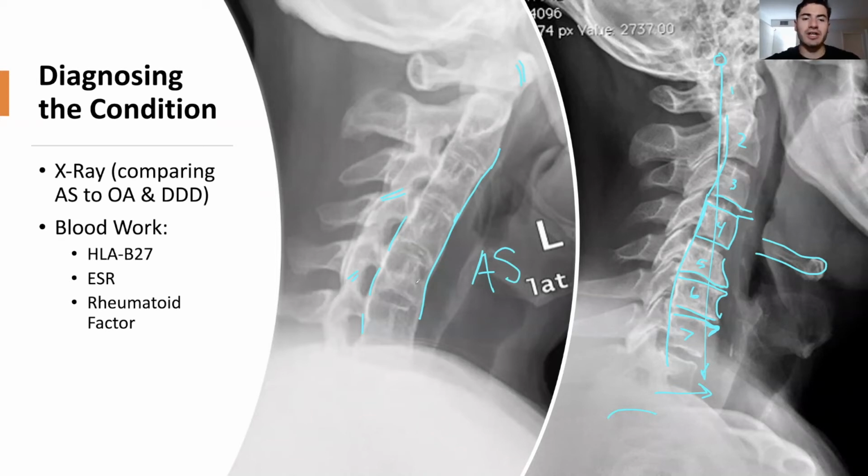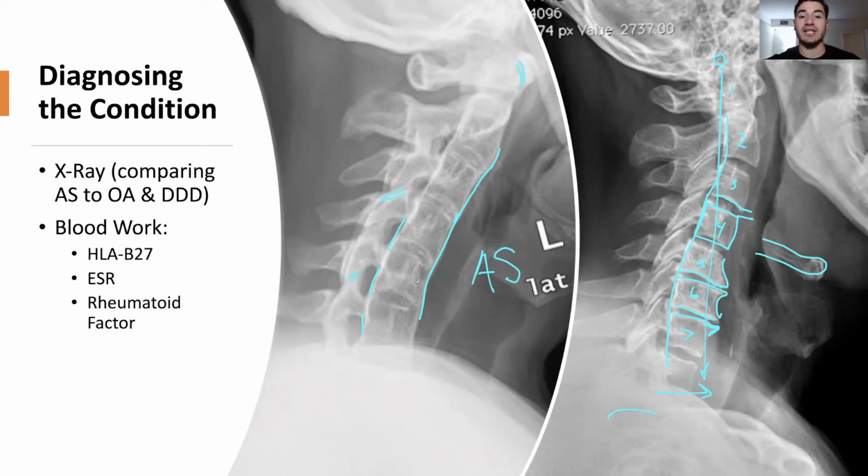ESR, yeah, just to talk about blood work quickly here. These are 2 other ones that a prudent doctor would also send you for. ESR is a marker of increased inflammation. It's not a test for AS. It's just to tell you there's increased inflammation in the body, so there's likely an inflammatory condition involved. And then rheumatoid factor. Again, it's not a test for AS specifically, but it can help rule out other conditions and spondyloarthropathies like psoriatic arthritis.